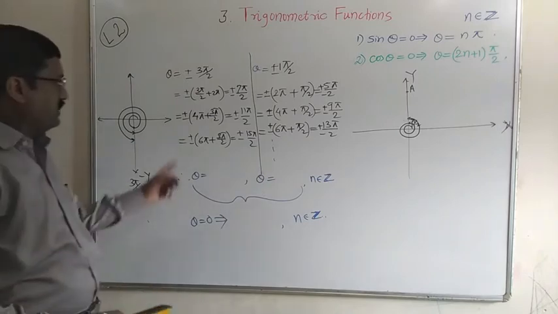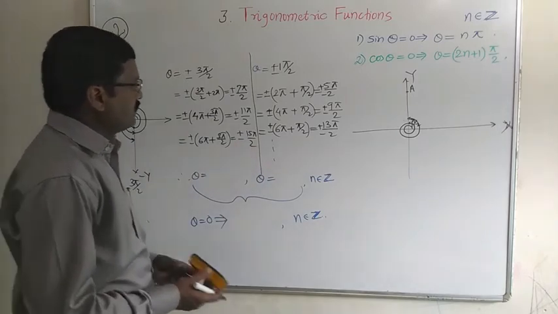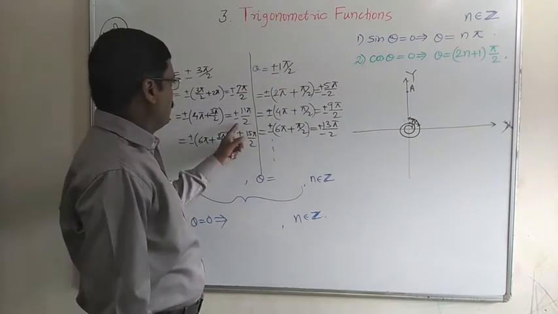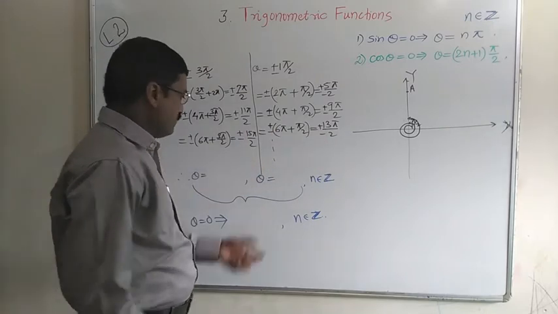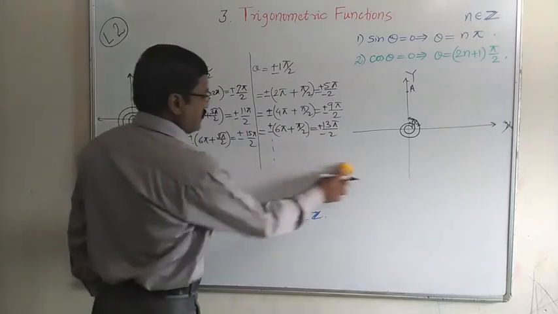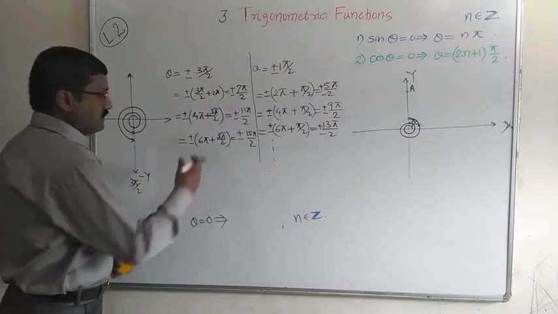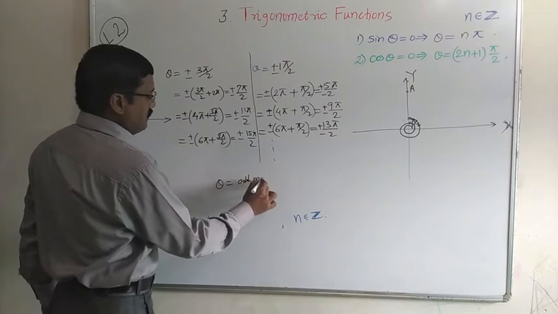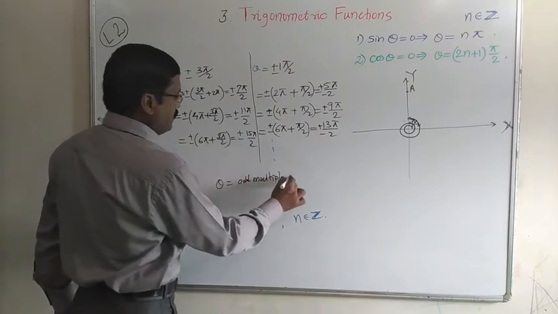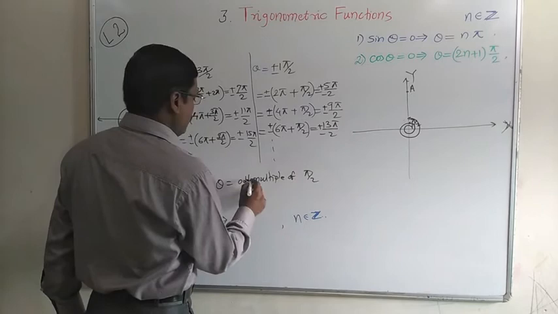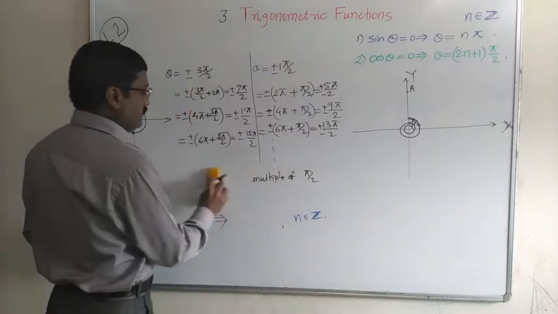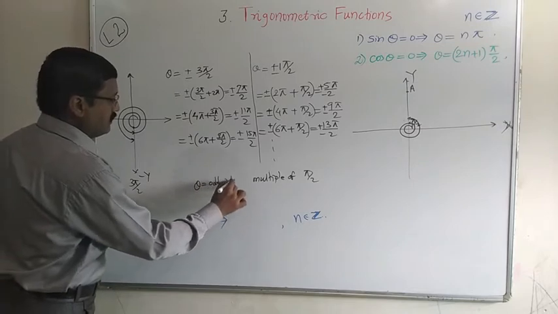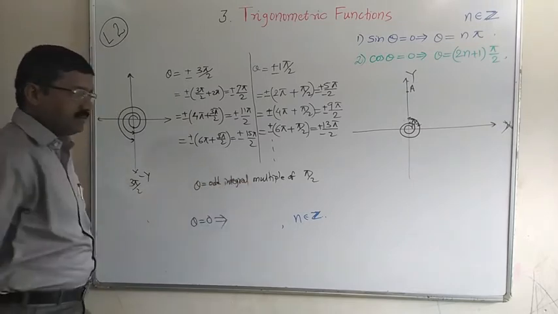If we combinedly observe both these situations, here pi by 2, 3 pi by 2, 5 pi by 2, 7 pi by 2, 9 pi by 2, 11 pi by 2, 13 pi by 2, 15 pi by 2, means all odd multiples of pi by 2. This gives us theta is an odd multiple of pi by 2.